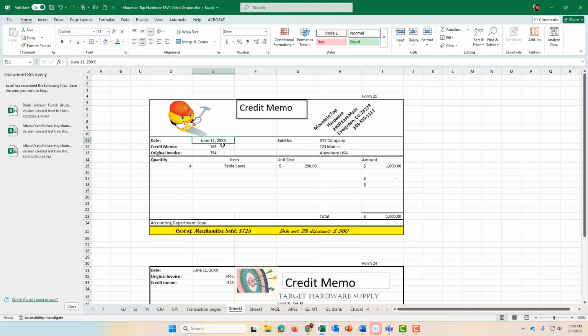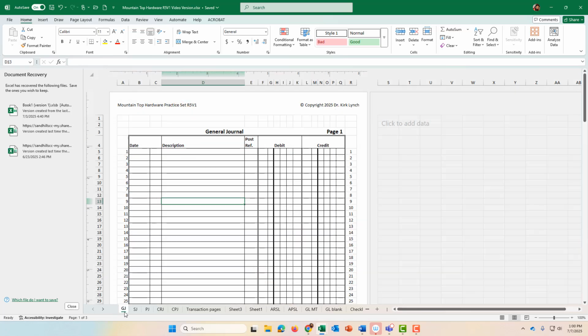The date, which is June 11th. This company is XYZ Company. And so let's start with that amount of information. So in our general journal, we're going to write June 11th. And our first entry here is to an account called Customer Refunds Payable.